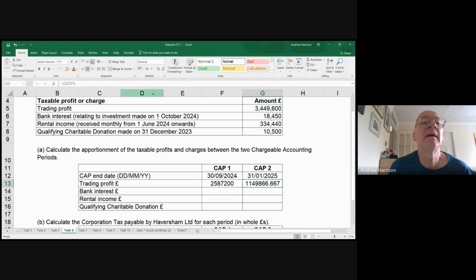Something's gone wrong there. Divided by G5 divided by 12 times 4. That's not right. I know that's way off. Start again. Equals G5 divided by 12 times 4.